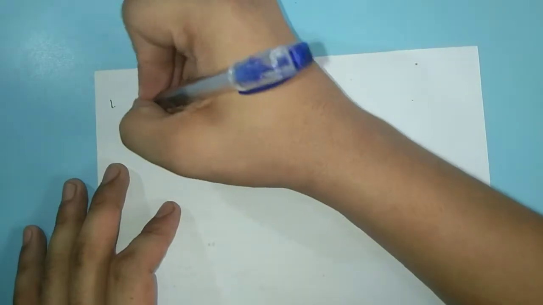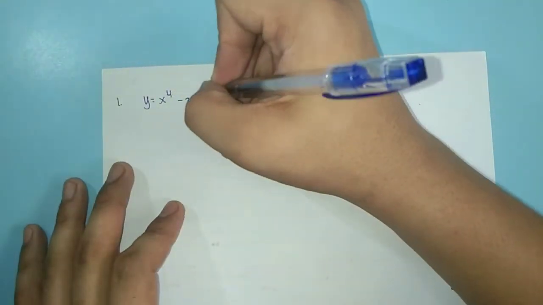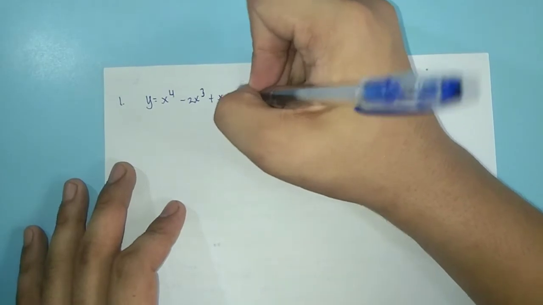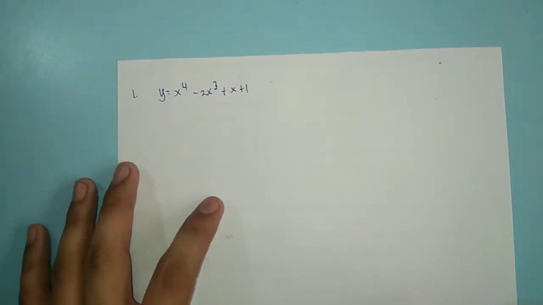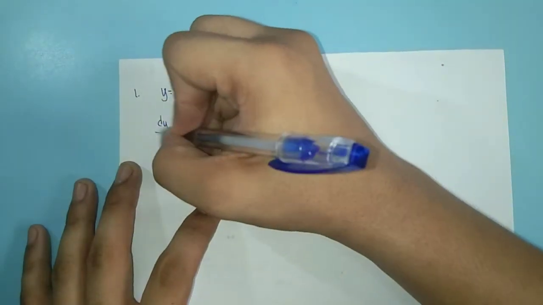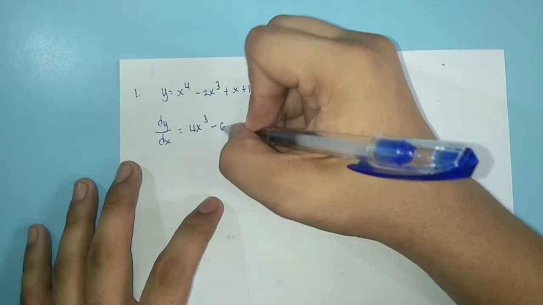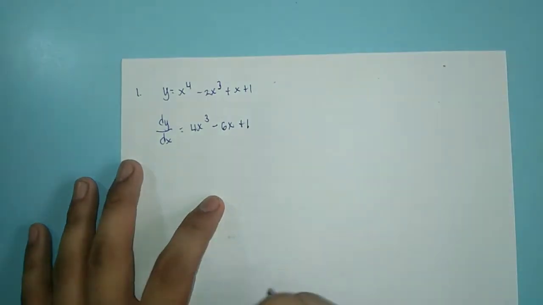So for example, number 1, hanapin natin yung differential ng y equals x raised to 4 minus 2x cubed plus x plus 1. Okay? So ang gagawin lang natin, kukunin muna natin yung derivative niyan. So that is dy over dx equals 4x cubed minus 6x plus 1. And then imumultiply natin sa dx.